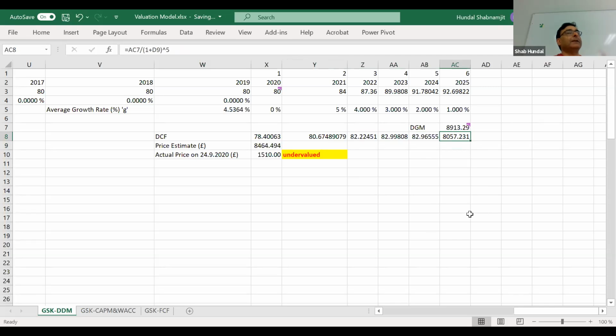Do you know why? I want to ask you something. If I give you a loan for 5 years, next year you will give me interest. And again, next year, you only give me what? Interest. But in the final year, you not only give me interest, but you also give me my principal amount back.